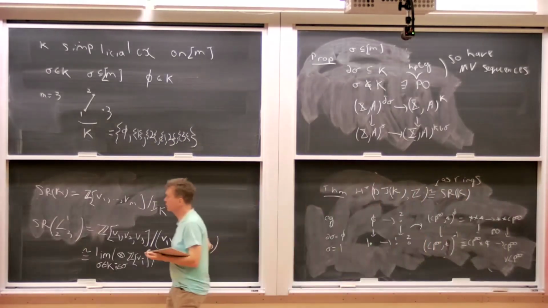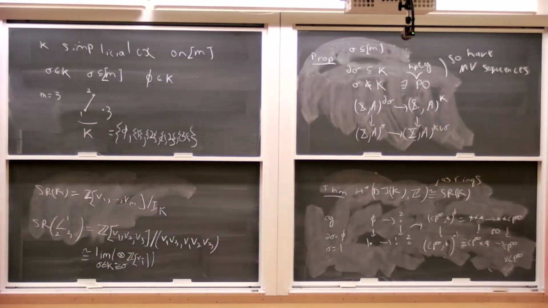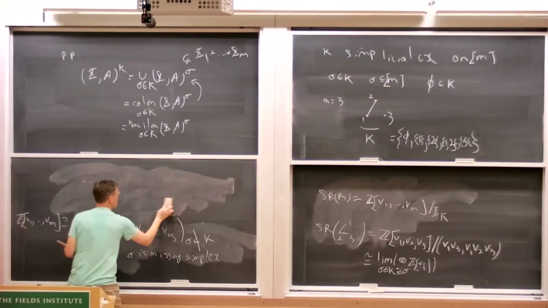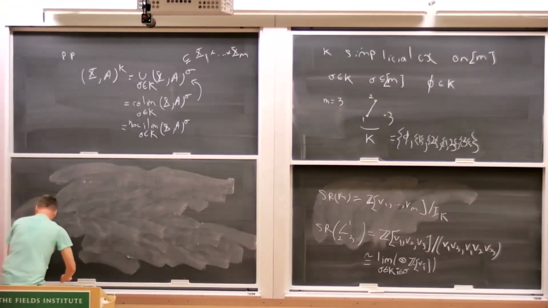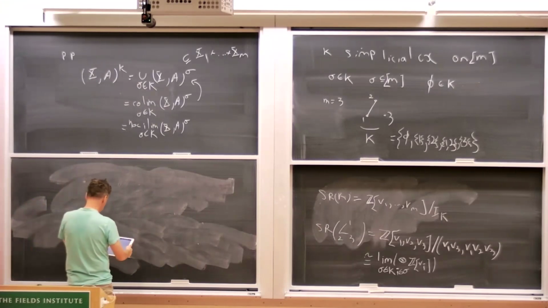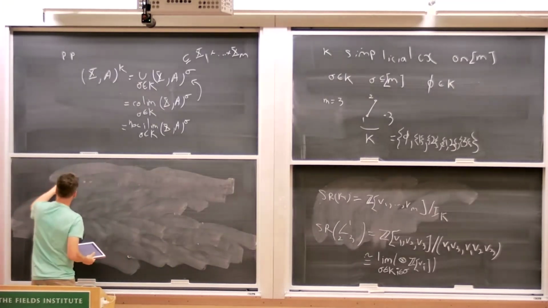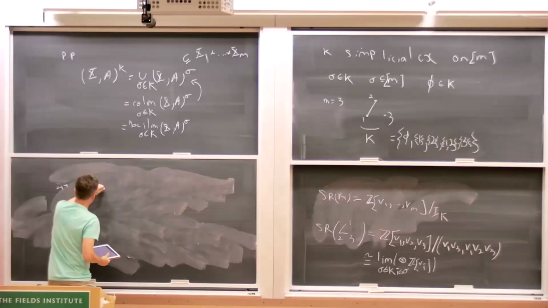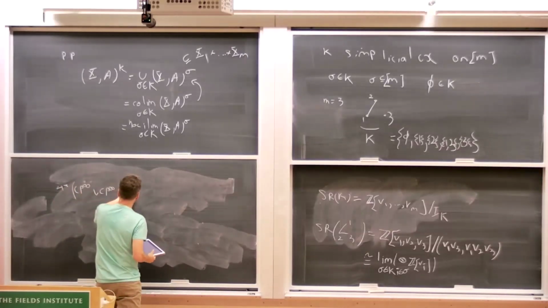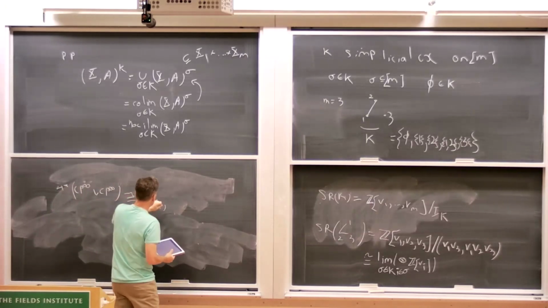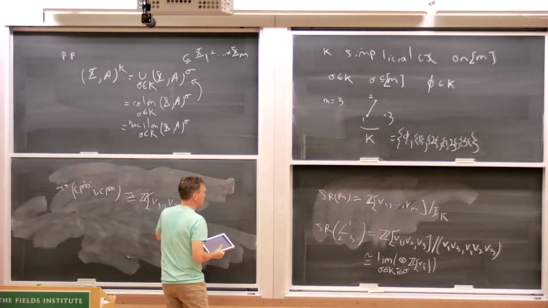So what should it be? What we have is H star of CP infinity wedge CP infinity. That's going to be isomorphic to Z[V1, V2] modulo the products.